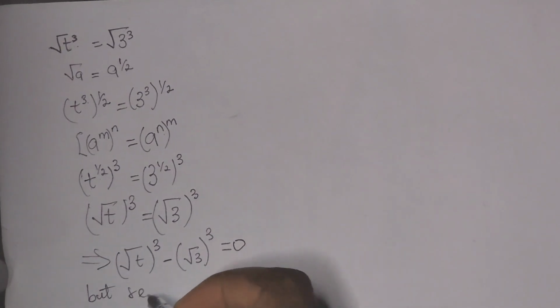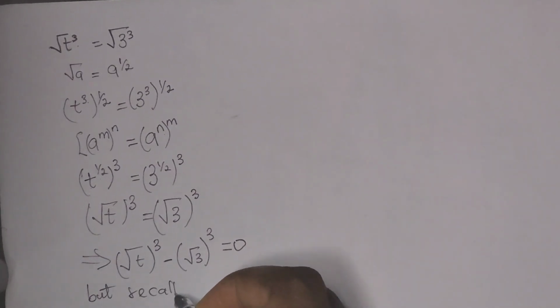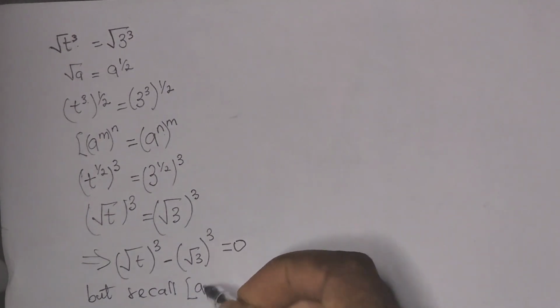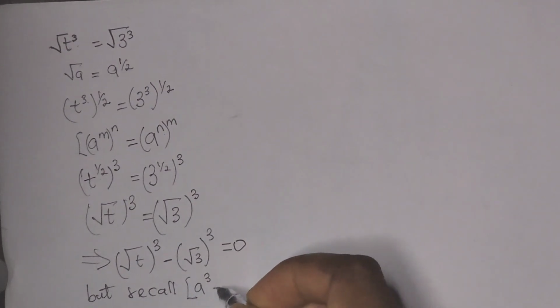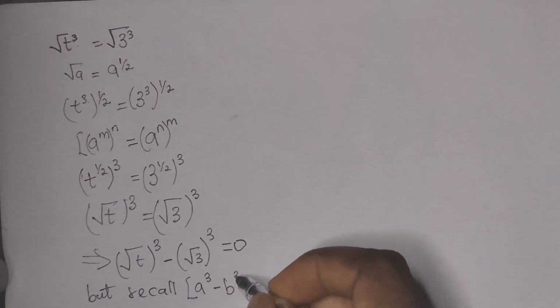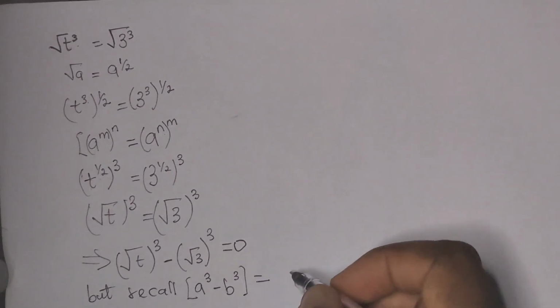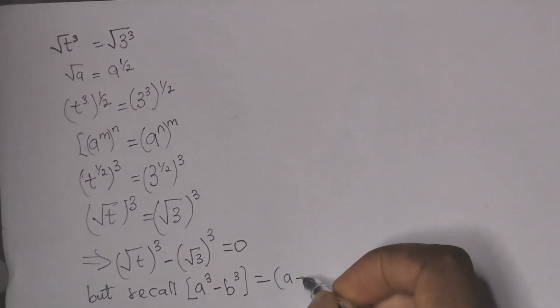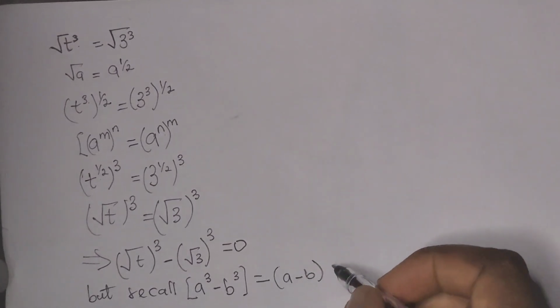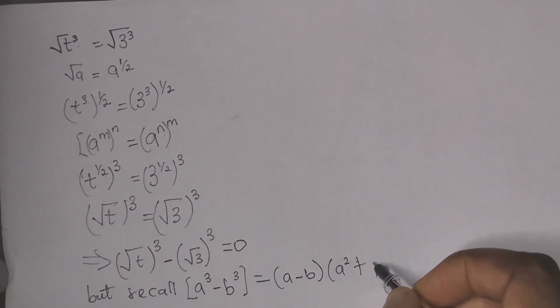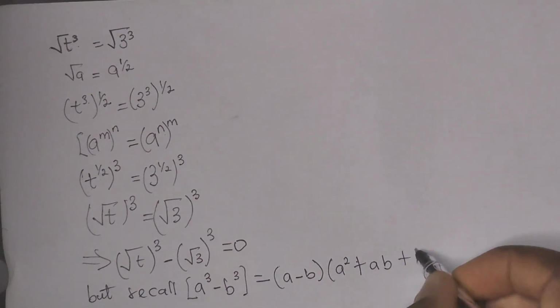But recall, a to the power of 3 minus b to the power of 3 is the same as a minus b, bracket a squared plus ab plus b squared.